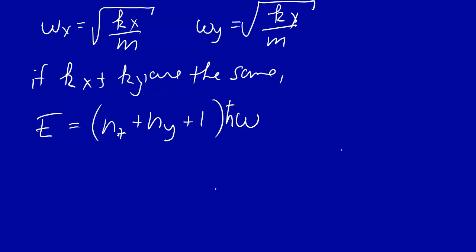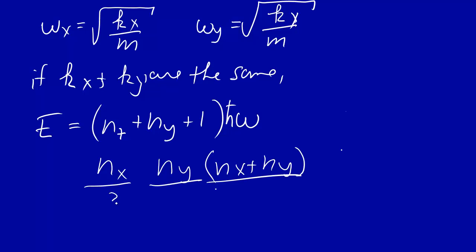Now let's see if we can have some combinations of nx and ny which will give us the same energy. And if that is the case, then that's a degeneracy. Well, just as in the notes here, let's do nx plus ny. Well, this could be 2 and 1, that is 3, or this could be 1 and 2, and that is 3.